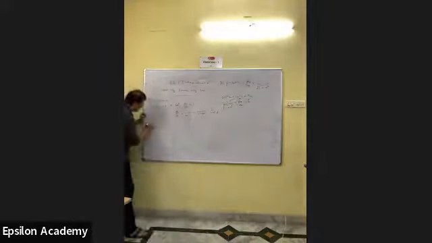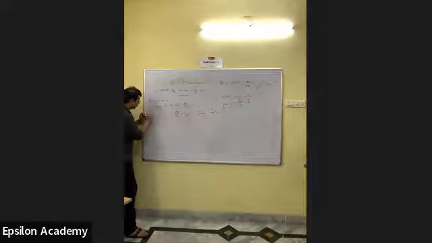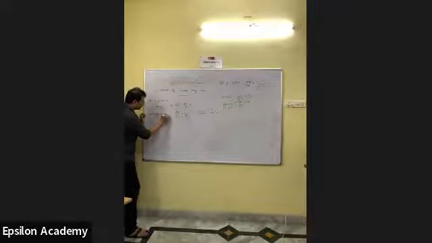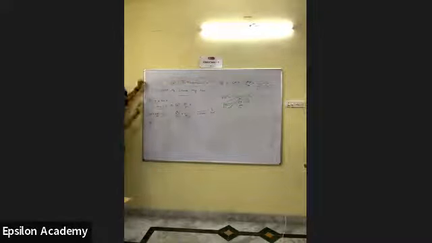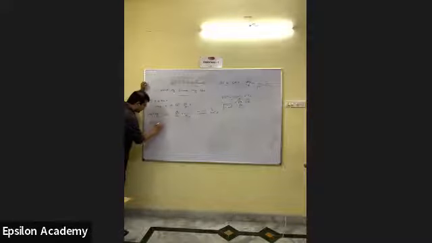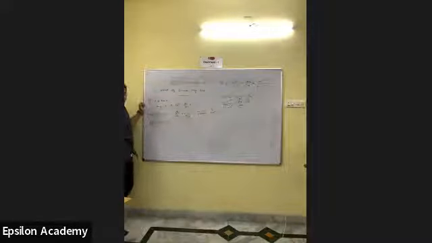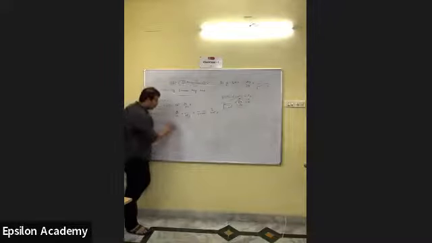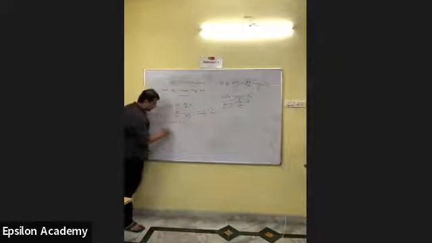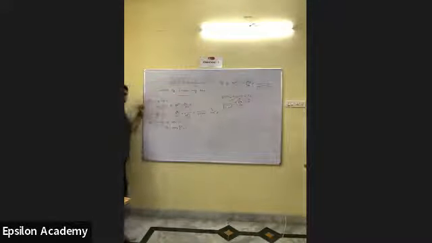Okay. Similarly, can I go for the fifth one? So y is equal to cot inverse x. dy by dx will be minus 1 by 1 plus x square. Fifth one is secant inverse x. So y is equal to secant inverse x, which implies secant y is equal to x. So the derivative of secant y is secant y into tan y into dy by dx is equal to 1.